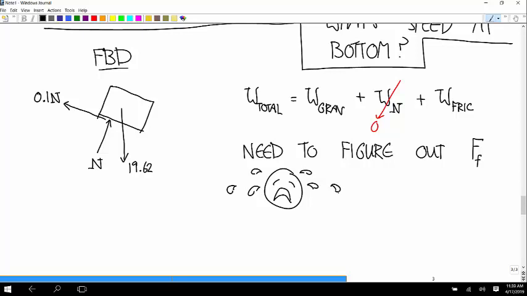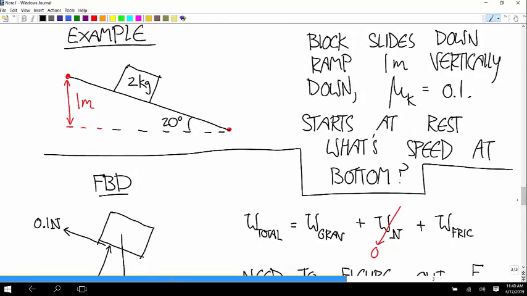So how do we figure out the force of friction? Well, to figure out the force, we're going to have to choose that rotated coordinate system, go through Newton's second law, do all that stuff just to figure out the force. And then we'll go back and do the energy stuff. Bummer. Okay, good. I like your attitude. I thought you were going to be like, that's bullshit. I'm not doing this.